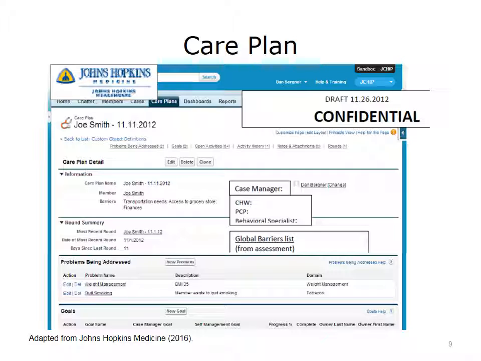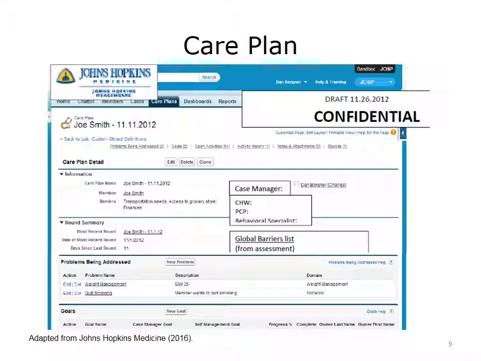Also, here is what we described on the previous slide, the most recent rounding summary. And this rounding summary includes the identification of some of the global barriers that need to be addressed, as well as some of the problems to be addressed, such as weight management. The patient's BMI is over 35, and smoking cessation.